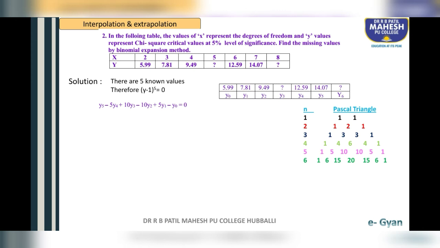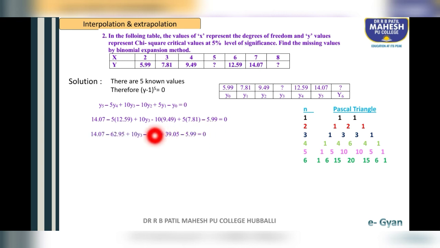Now you substitute the values. These are the y values: y0, y1, y2, y3, y4, y5, y6. Here we have to find the missing values of y3 and y6. Using equation 1, we find the missing value of y3. y5 is 14.07, minus 5 into y4 is 12.59, plus 10 into y3, which we have to find, so keep it as it is, minus 10 into y2 is 9.49, plus 5 into y1 is 7.81, minus y0 is 5.99, is equal to 0.